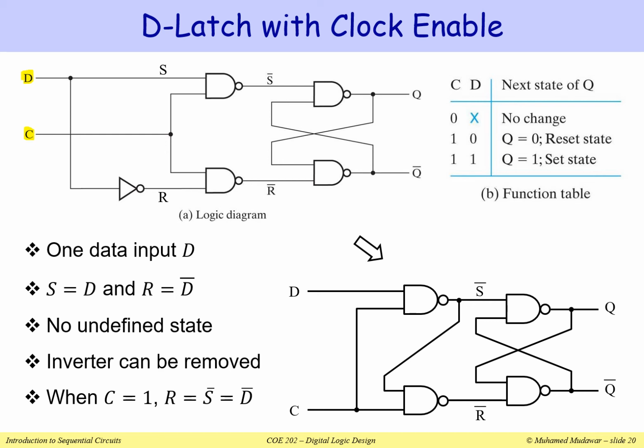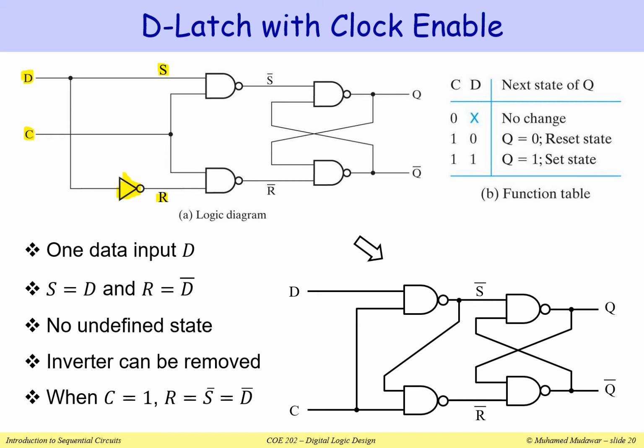So it is implemented like an SR latch. However, we are actually connecting D to the S input, and we are using an extra inverter here to complement D. So here, if D is equal to 1, S will be equal to 1 and R equal to 0, it will be my set operation.